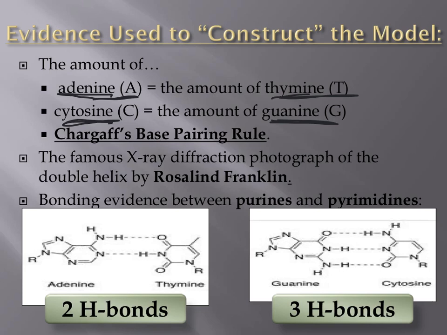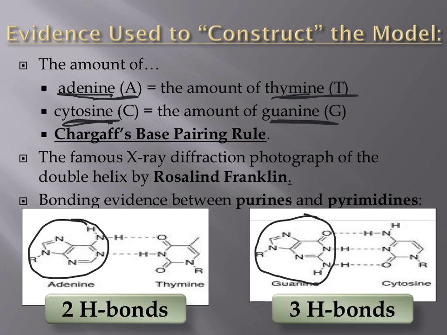So using the results from Chargaff's experiment, and in addition to the X-ray of the crystallized DNA done by Rosalind Franklin, they found that there were two types of nitrogenous bases, okay? One type of nitrogenous base had a two-ring structure.